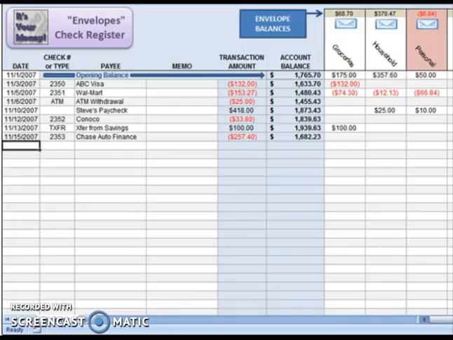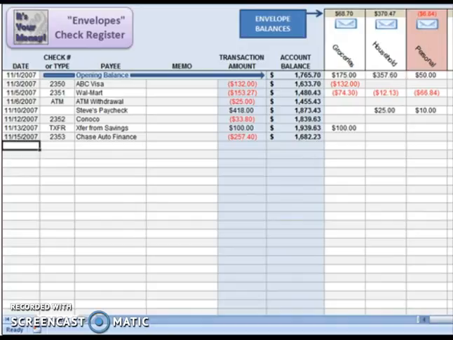Now, what you want to do is make sure that you're only using the cash that is in those envelopes. Do not start using the money that's in your account, your debit cards. And once you run out of cash that you have budgeted for that particular pay period, you should not spend anything in that category.